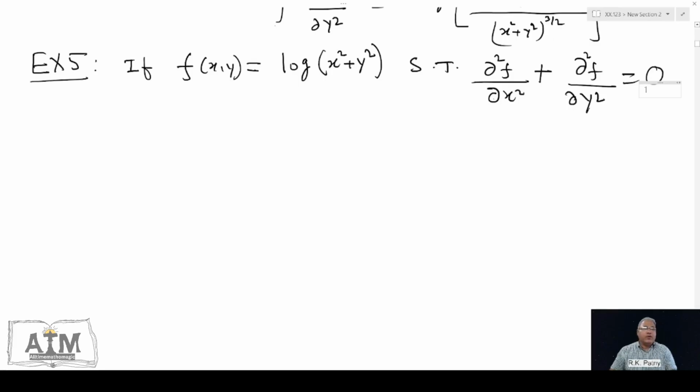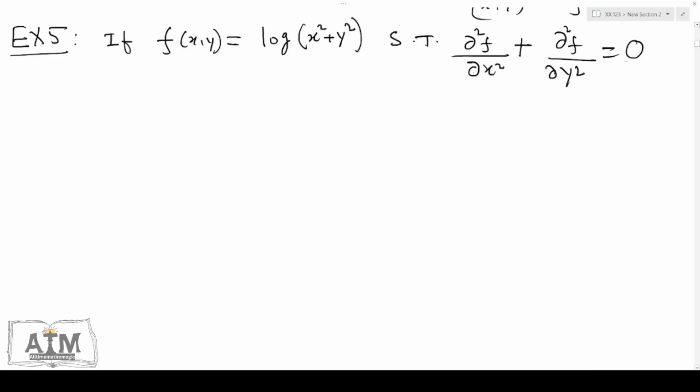Example 5. It is a very popular and very important problem from the examination point of view, and this question is asked in many other examinations. Since f(x,y) equals log of x square plus y square, even it is a composite function.